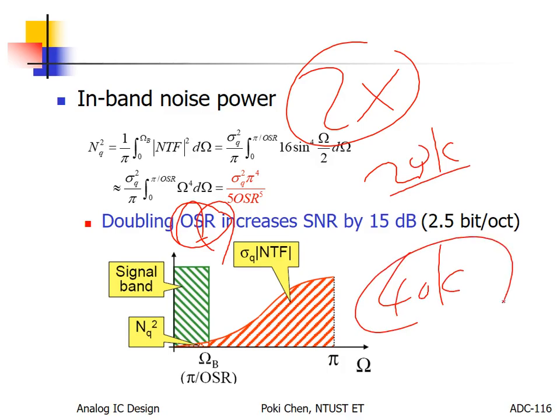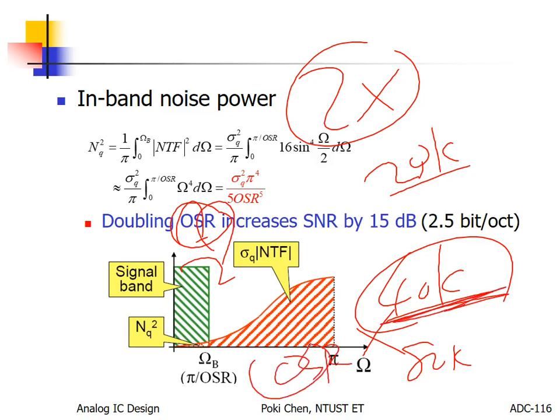All right. If OSR is 2, it means the Nyquist rate times OSR will become the real sampling frequency. That is because this is only the ratio. Okay, that's it. So 2 times higher, not enough. 4, 8, 16, not enough.